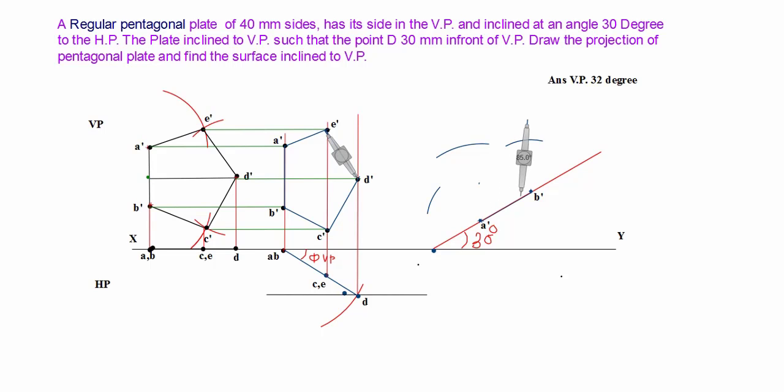Similarly, B dash is center, I draw the arc. Both arcs intersect each other. There is our D point. So here we write D dash.